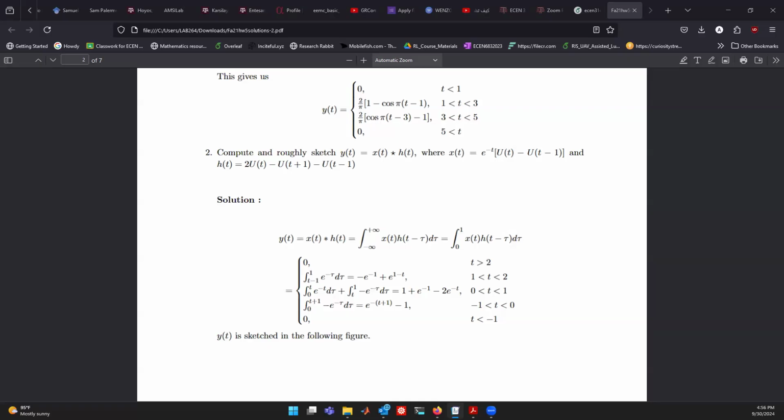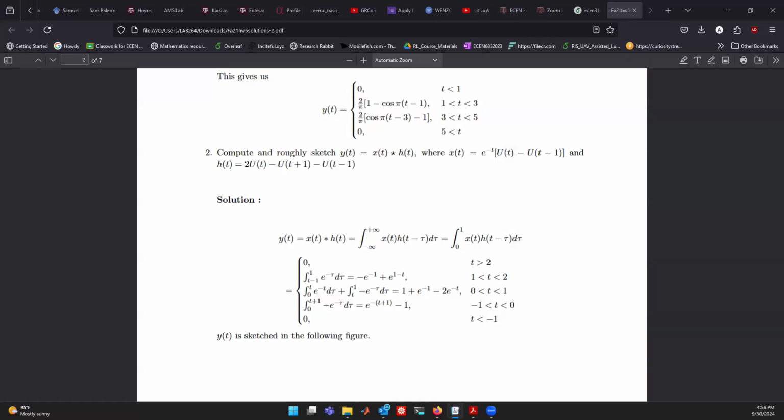And when t is between 1 and 2, we will have some partial overlapping. Let's say something like this. We'll have just partial overlapping between those two signals.